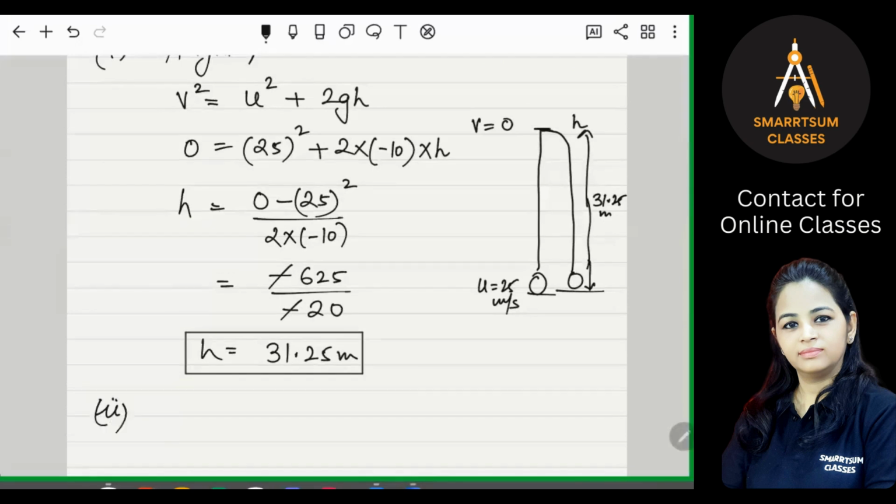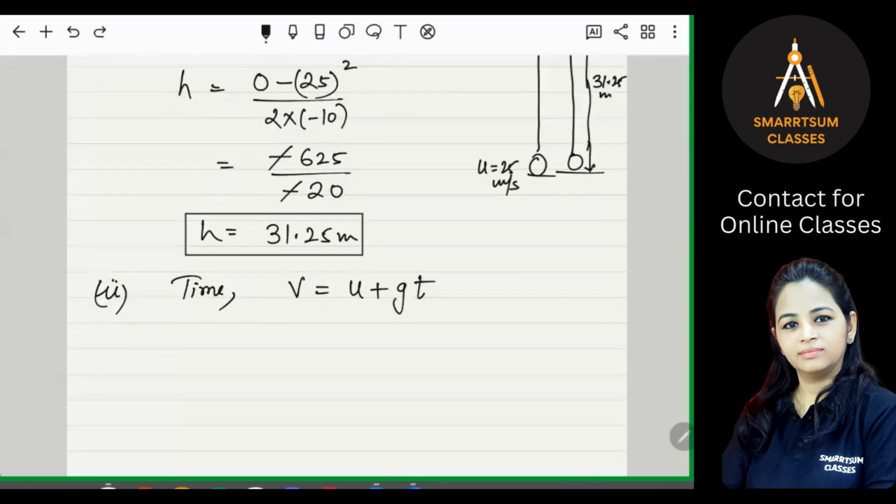Second part of the question, time. We have to find out time. Now, we know the first equation of motion, v is equal to u plus gt. We know v, u and g, so we can find t. So t will be equal to v minus u upon g. Now put the values.